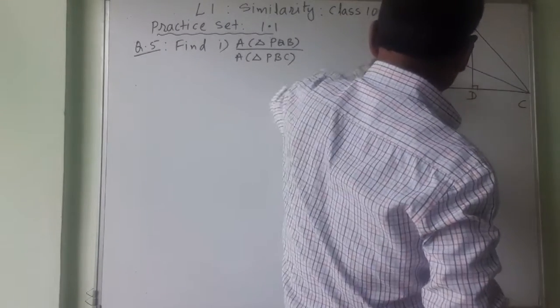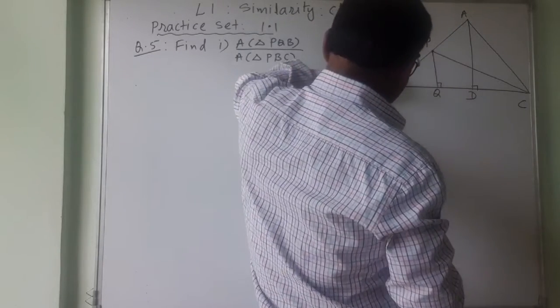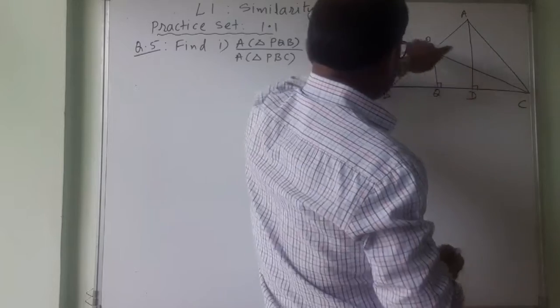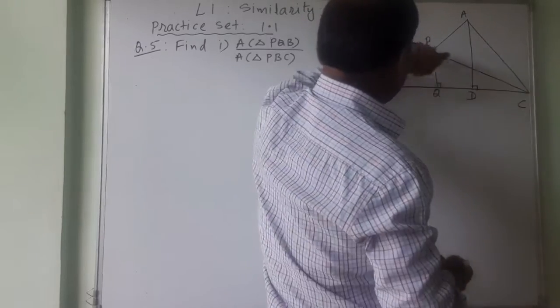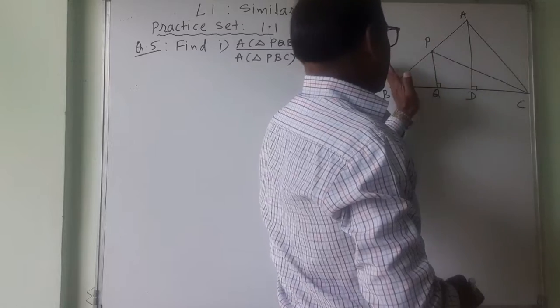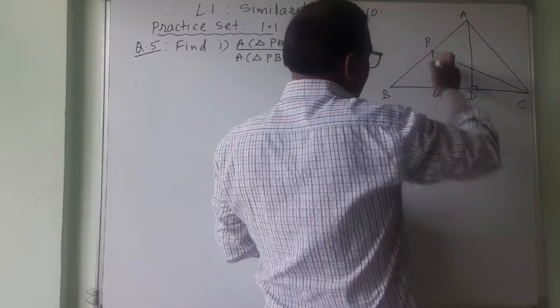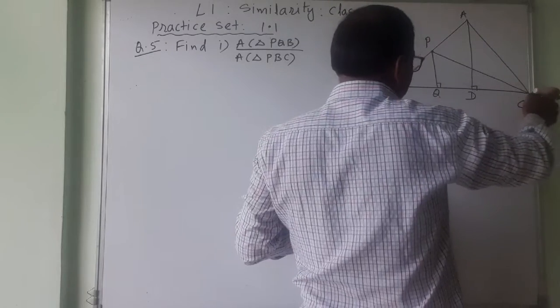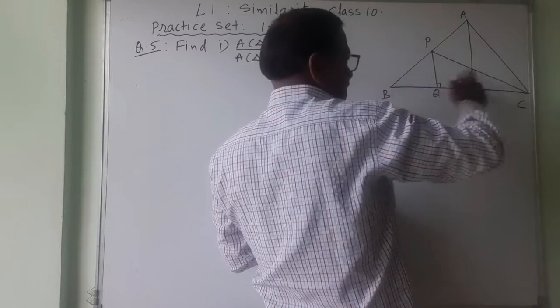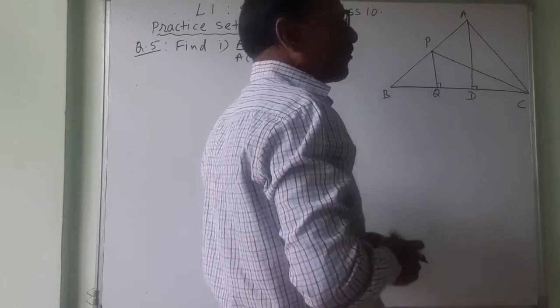In these two triangles, PBC means this triangle. This is PBC triangle. PQB means this triangle. Height of this triangle is PQ.